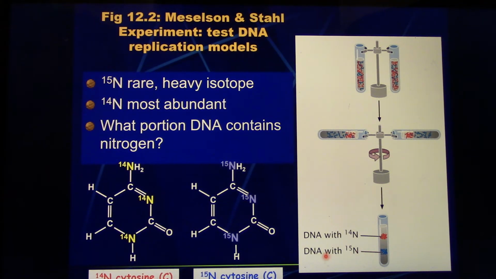And so you can see that DNA labeled with the heavier isotope N15 is going to travel further down the test tube. You know, Newton's law of motion, things that stay in motion tend to stay in motion, especially if they're really heavy and it's hard to stop them. Or DNA with N14, which is less heavy, is going to migrate a smaller distance in this gelatin-like substance found in the centrifuge tubes.